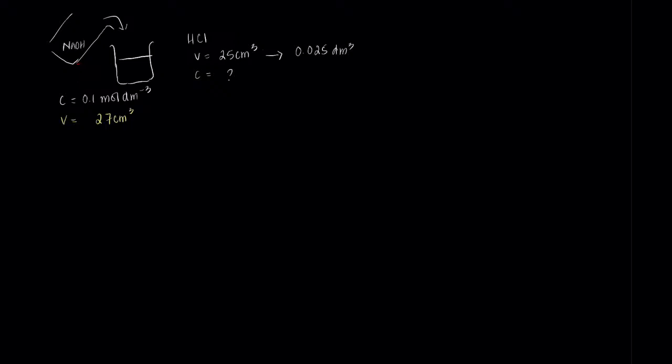They do not ask the definition of titration in the paper. Okay? So if we had to do the same experiment in a lab, this is how you would do it.